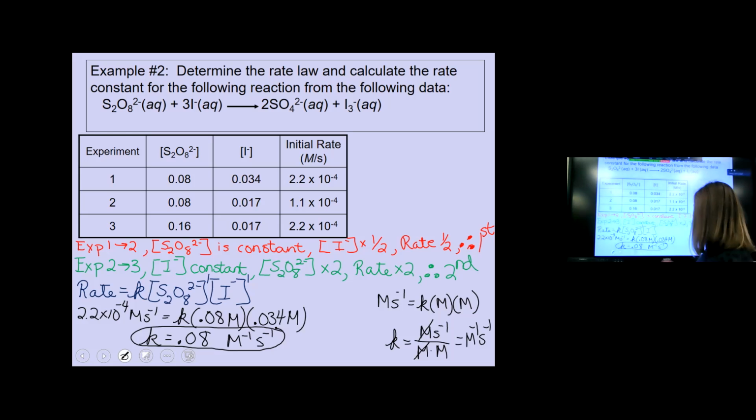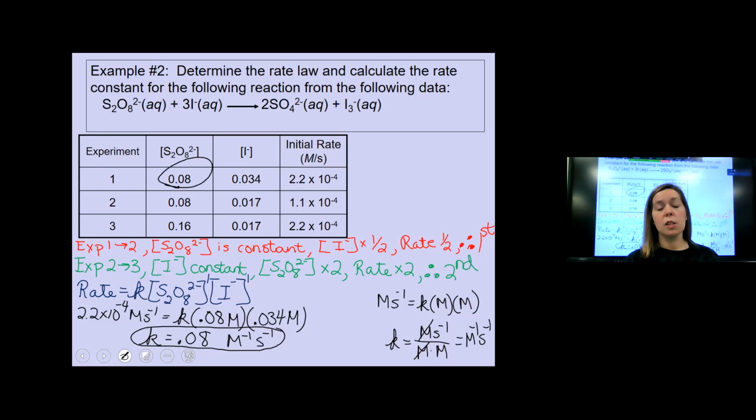Then when I worked on my units over here, I took the rate law units, divided by the 2 molarities to get per molarity per second. Now I did leave it as 0.08 with only 1 significant figure because this does only have the 1 significant figure. So again, you find the rate law, then you just plug in, do the math, and work out the units.